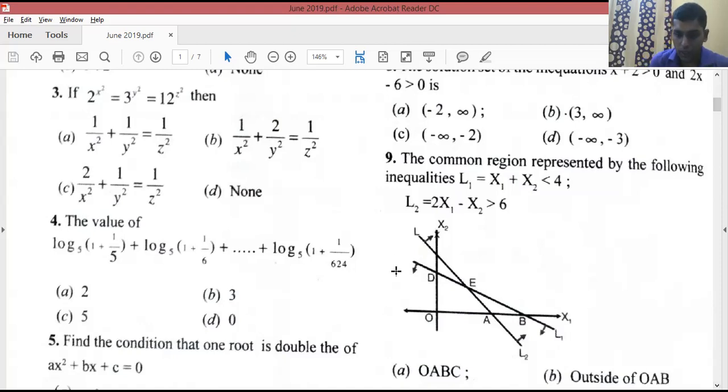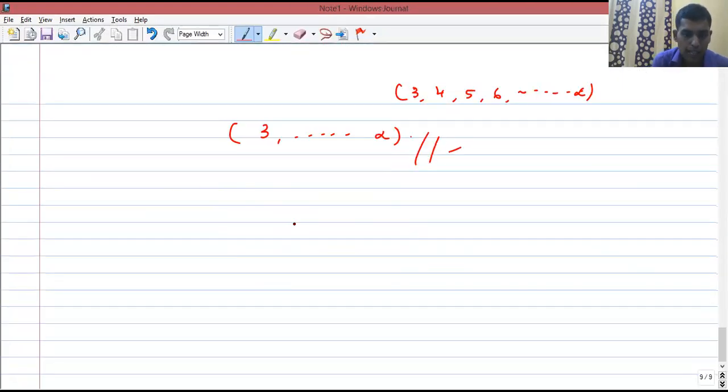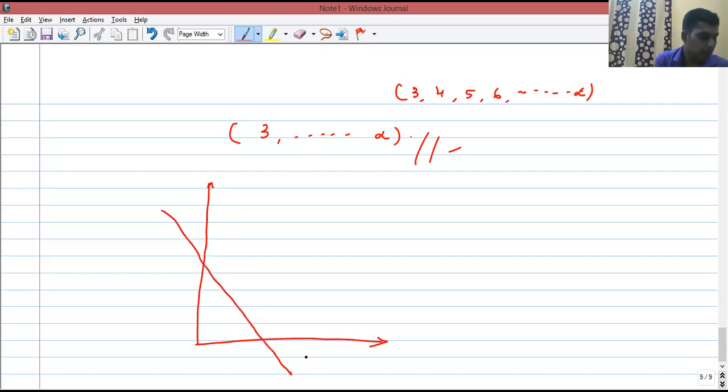All right, okay. If you say this in this question, I'll just reproduce the diagram for you. The diagram goes this way. This is the equation of one line. This is the equation of the other line.